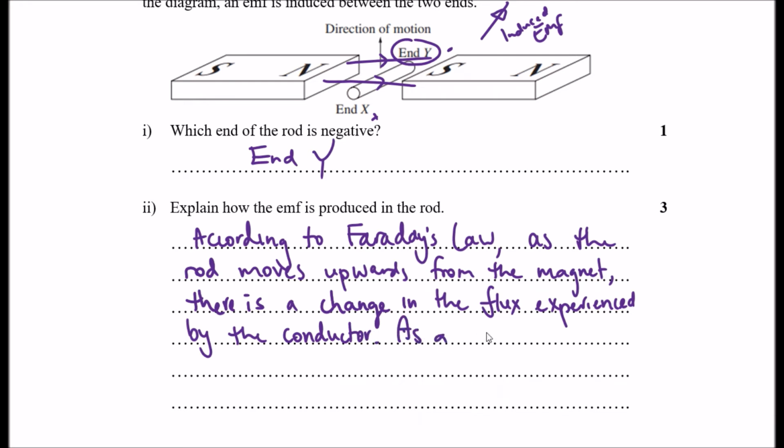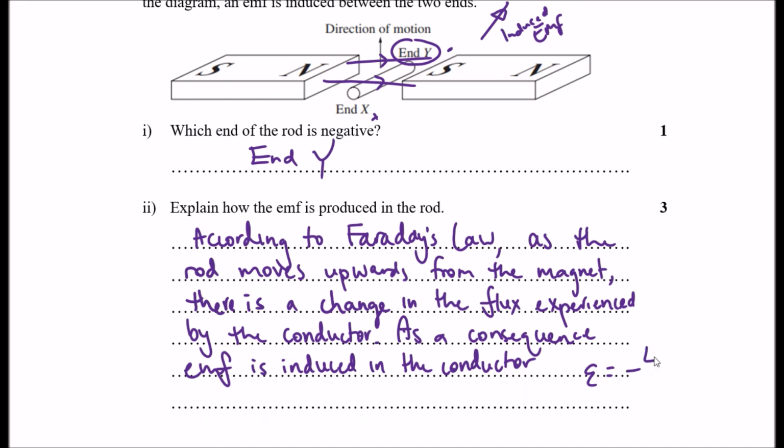As a consequence, EMF is induced in the conductor, and it's described by our formula epsilon equals negative change in flux over the change in time.